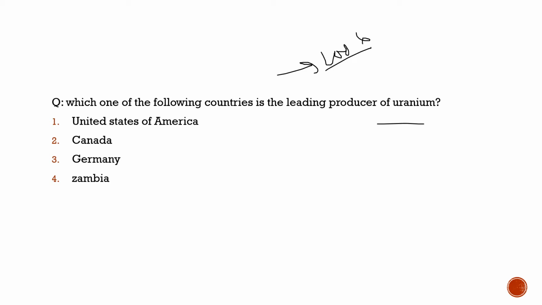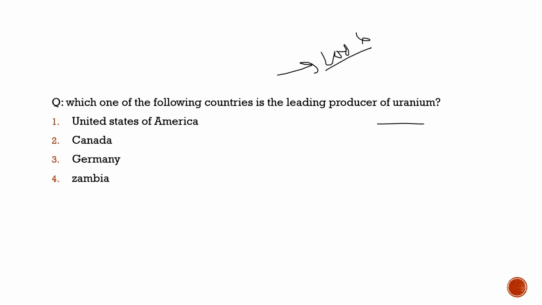So we should know what the current status is. What does the current data say? A question about it can be asked, and the options may be the same or there may be slight changes, but the same question can be asked because the data has changed till now. So let's solve the question here and see what the answer is.